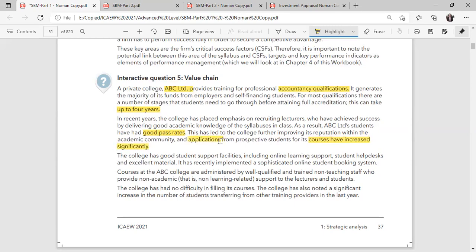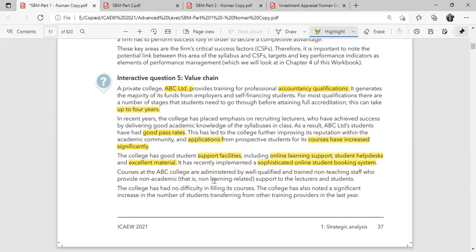Significant increase in application. The college has good student support facilities, including online learning support, student help desk, and excellent material. It has recently implemented a sophisticated online student booking system.